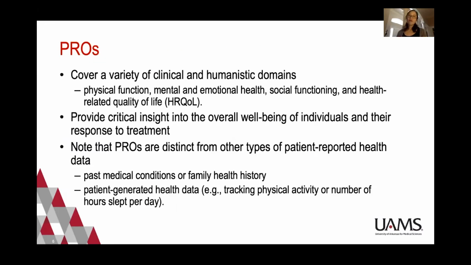PROs cover a variety of clinical and humanistic domains, such as physical function, emotional health, social functioning, and health-related quality of life. This information provides critical insight into the overall well-being of individuals and their responses to treatment.